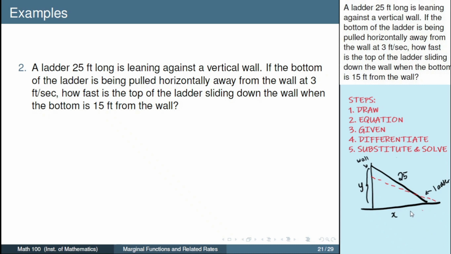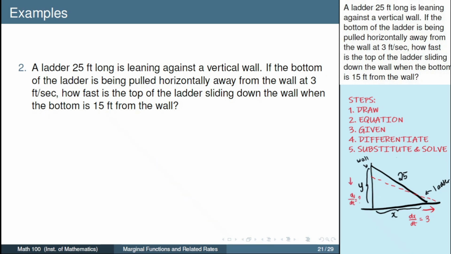So, moreover, describe na din natin yung motion ng ating ladder. So, yung ladder natin is moved to the right. Okay? So, that means yung x nga natin ay nag-i-increase. Okay? And we have the given that dx over dt is equal to 3. It's positive again because the x here is increasing.